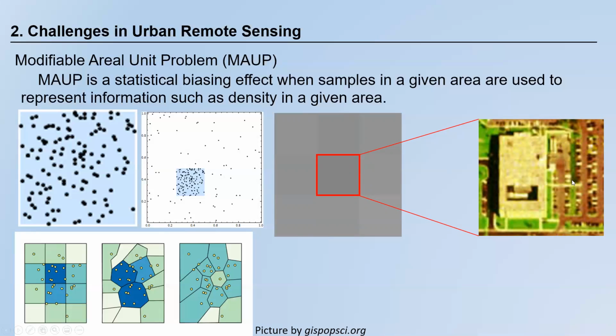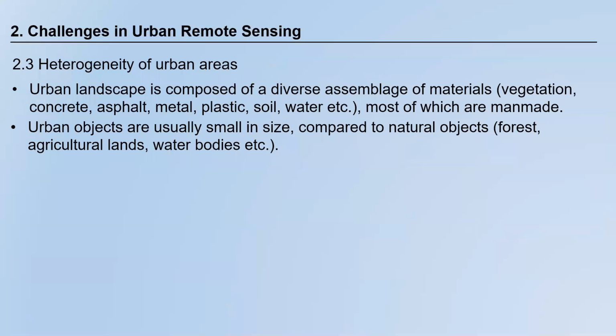You cannot simply say, okay, this is urban. Well, in general, you can say this is an urban area, but you actually can retrieve more information after zooming in, because this pixel is much more complex than simply calling it urban. Right? So this actually introduces another issue of urban remote sensing.